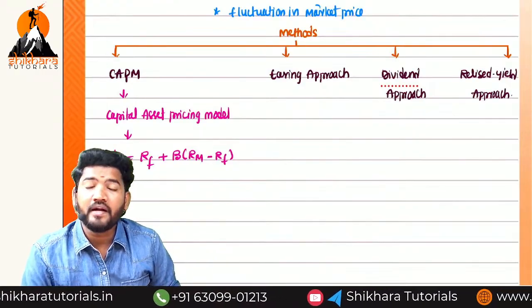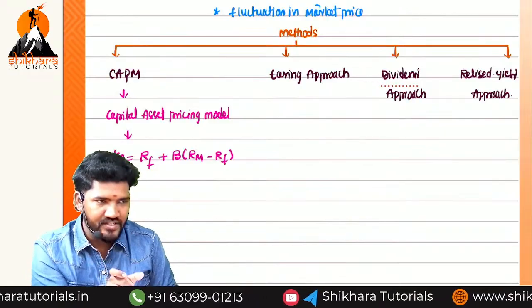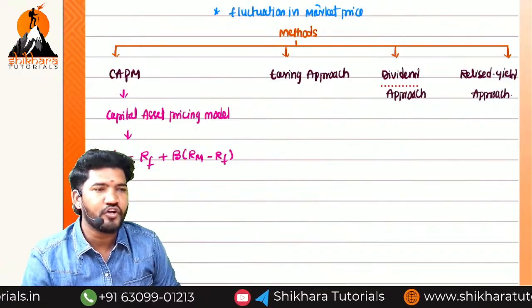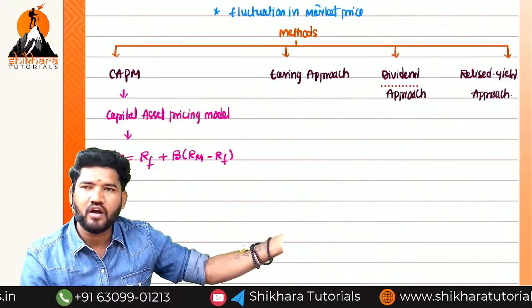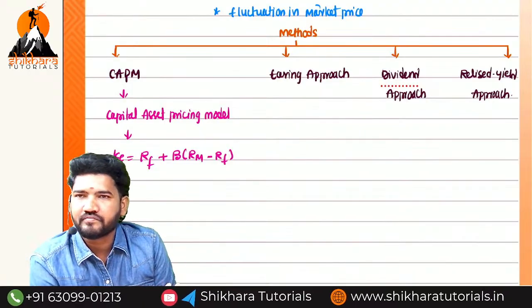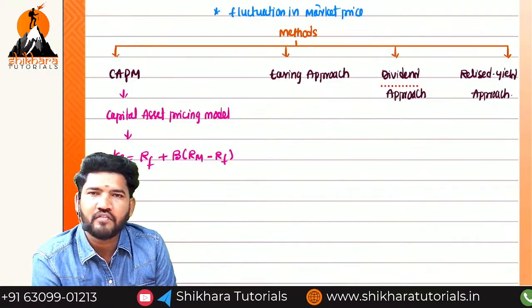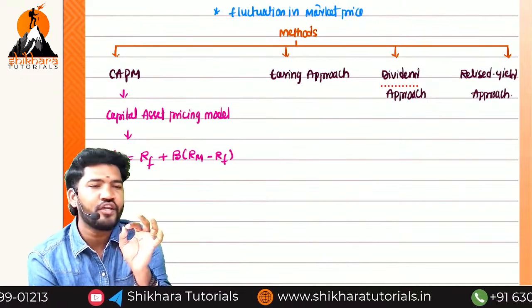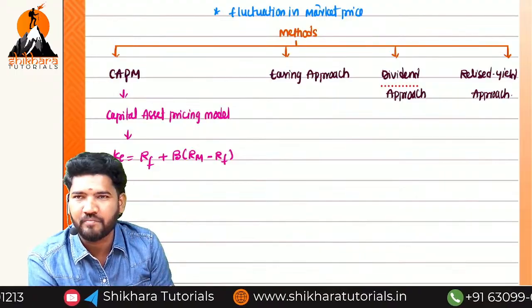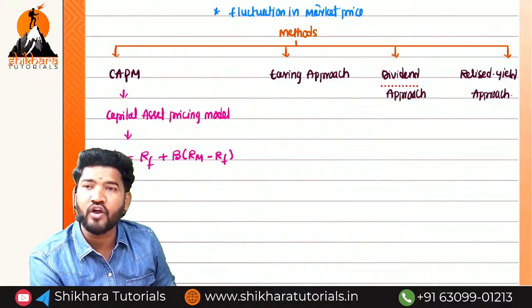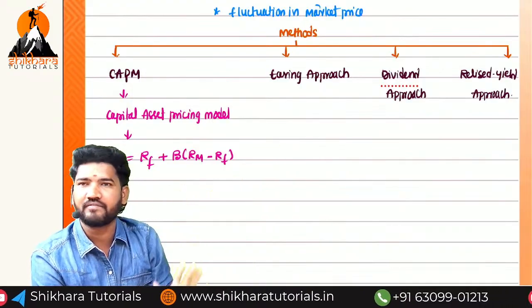But the only note point you have to understand at inter level: RM minus RF also has a name, risk premium. If in the question paper they give the word risk premium, you need not consider the RM value and RF value individually. You have to consider the premium value directly.